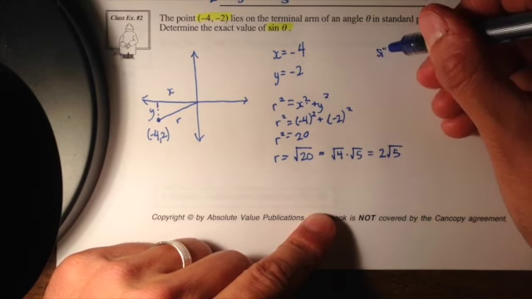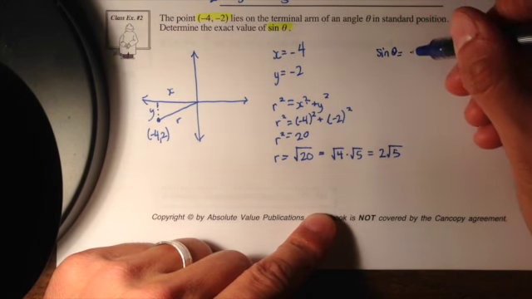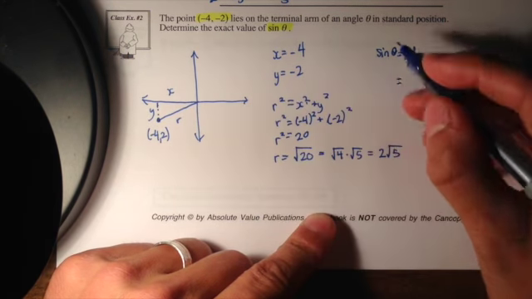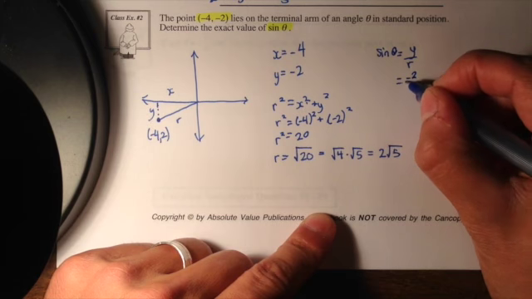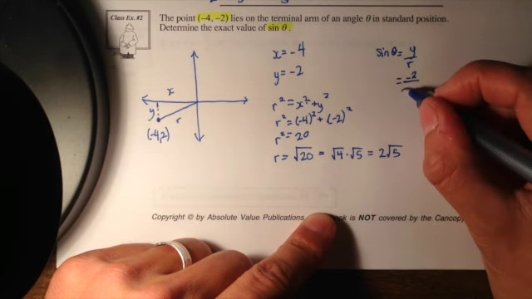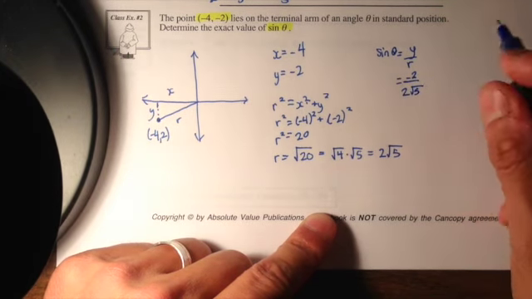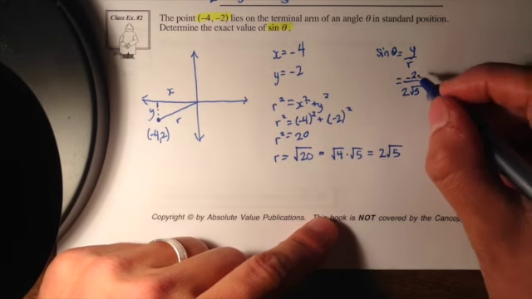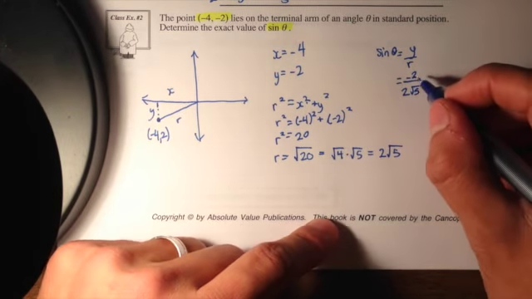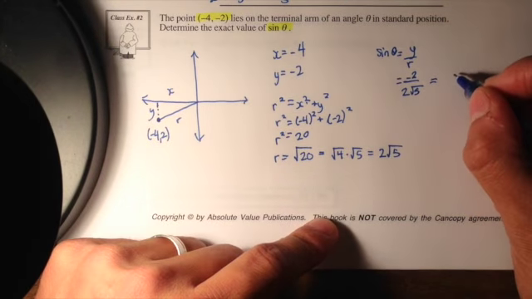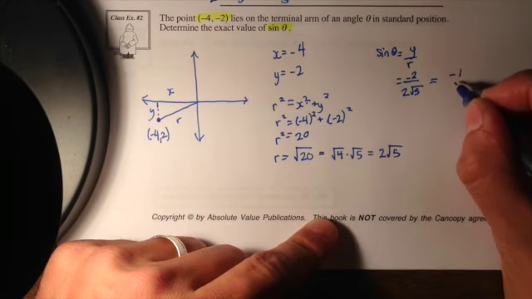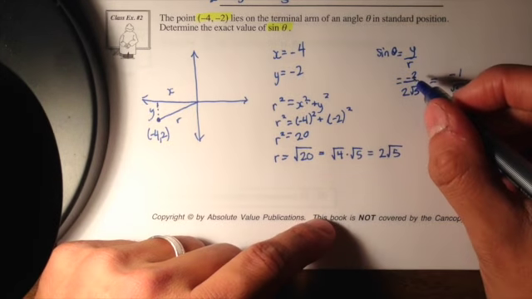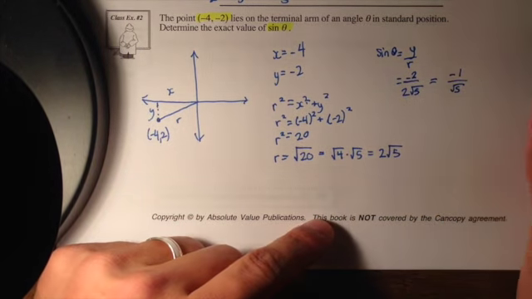So I'll plug it into sine theta is equal to y over r, which is equal to my y value being -2, and my r value being 2 root 5. If I simplify this, I know that I can factor both of these by 2, which would leave me with -1 over root 5, since 2 goes into -2 and 2 once.